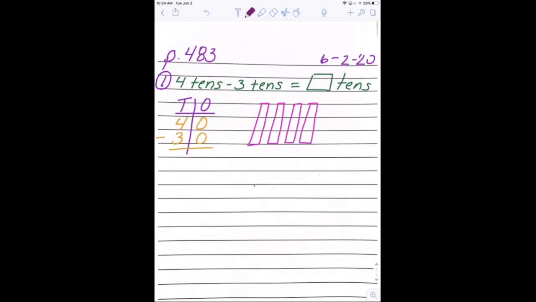Now I'm going to subtract 3 groups of 10. That means I cross out 3. 1, 2, 3. Now, how many groups of 10 do I have left? 1 group of 10.